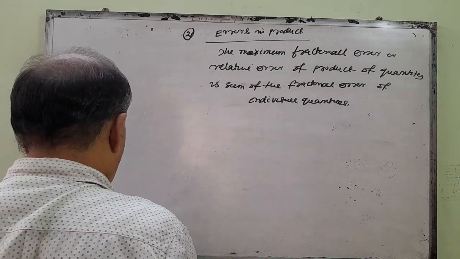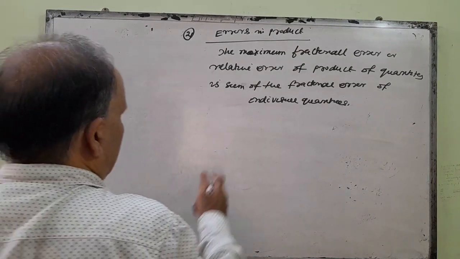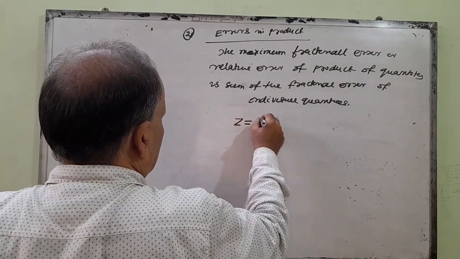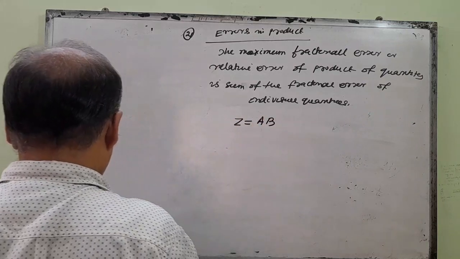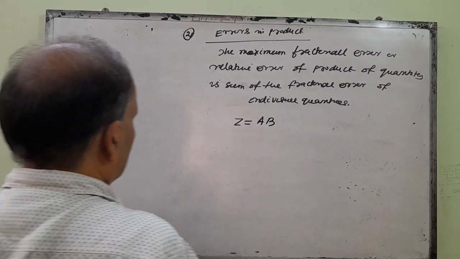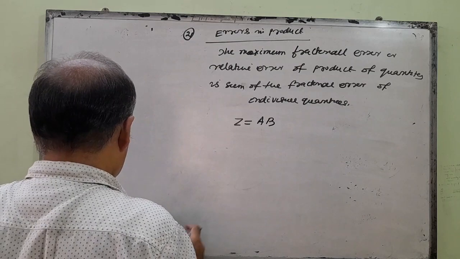Suppose in a measurement Z is equal to AB. This is the true value.